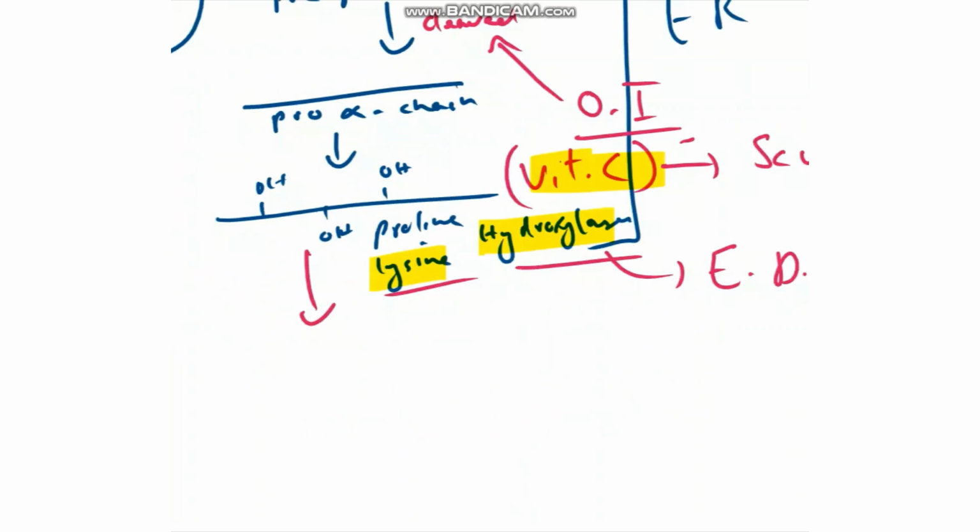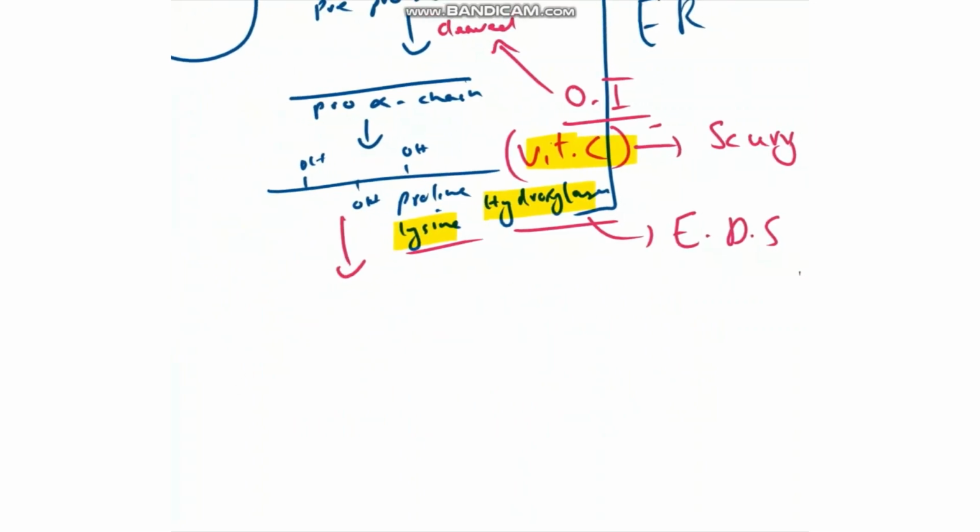All right, so what happens next is that these hydroxylated chains are then N-glycosylated on asparagine residues. You will study what N-glycosylation is in biochemistry, but there are asparagine residues on this polypeptide chain on which, in the endoplasmic reticulum, there's N-glycosylation, and then there's a combination of hydroxylated and glycosylated polypeptide.